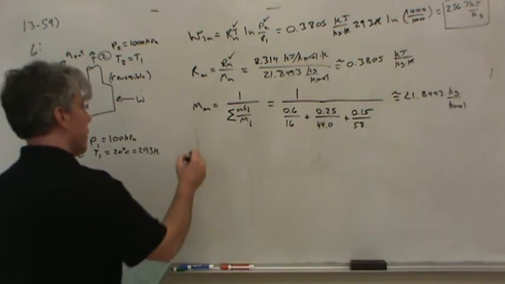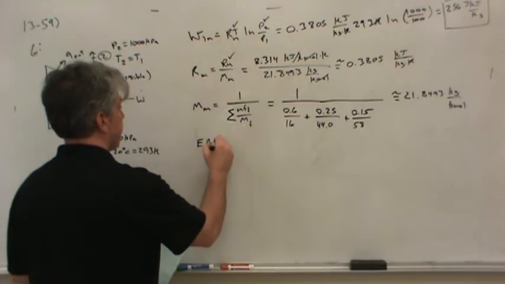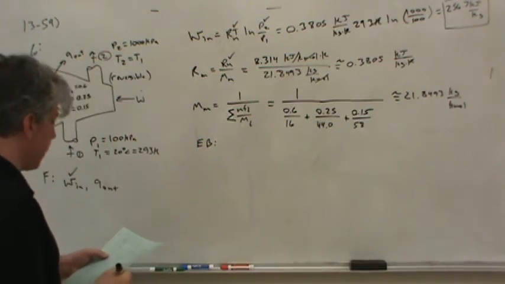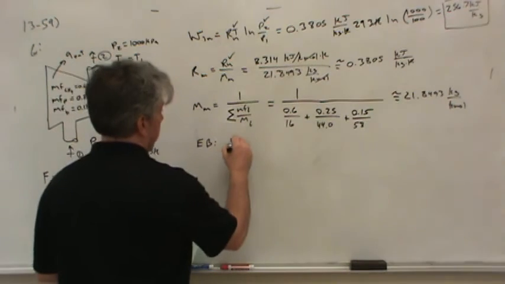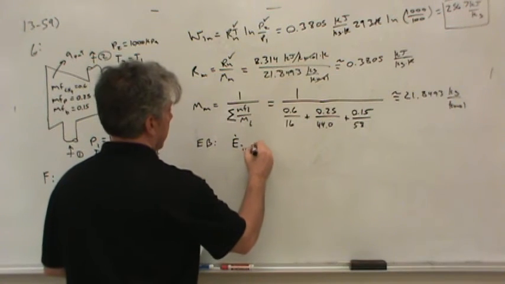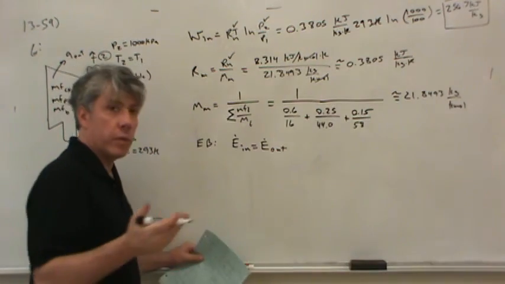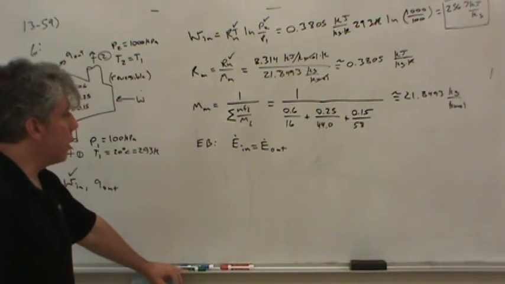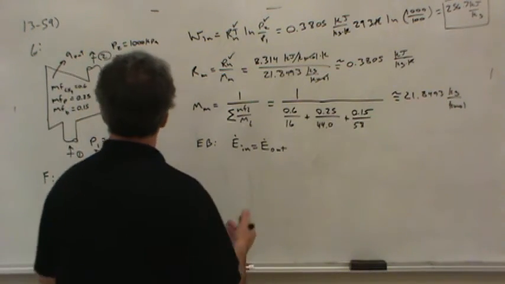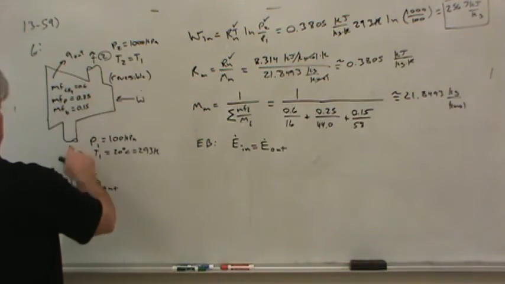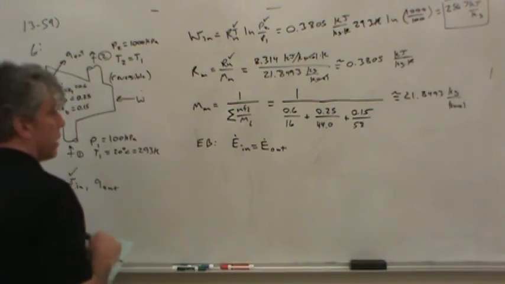To do that, we're going to have to use an energy balance. So an energy balance would just say that the energy flow rate in equals the energy flow rate out. Or power in equals power out, because this is just a system operating at steady state. Now what has power coming in? Well, the work does, and so does the mass flow.